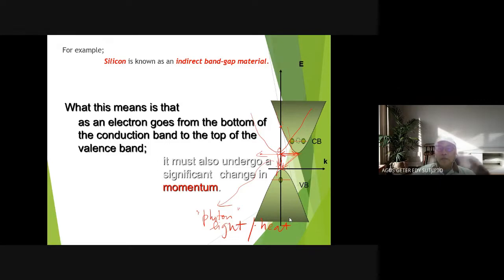So that is why, if we apply voltage to the diode, it produces not only light but also heat.